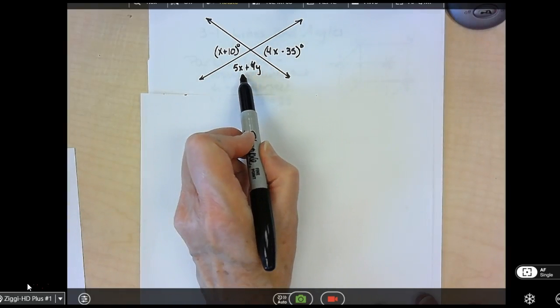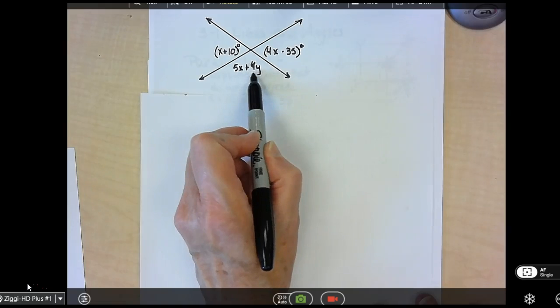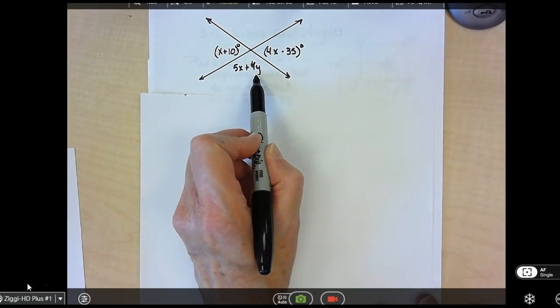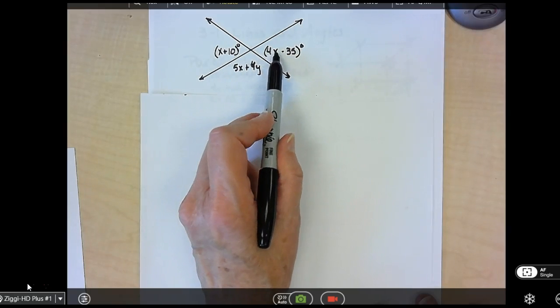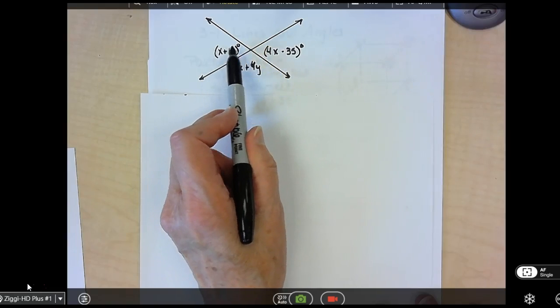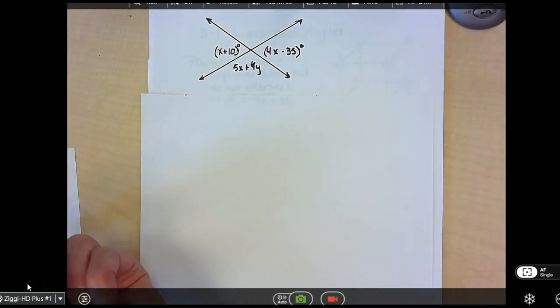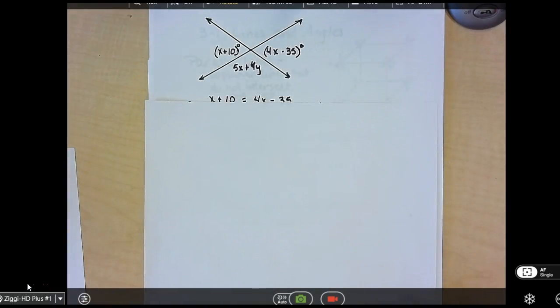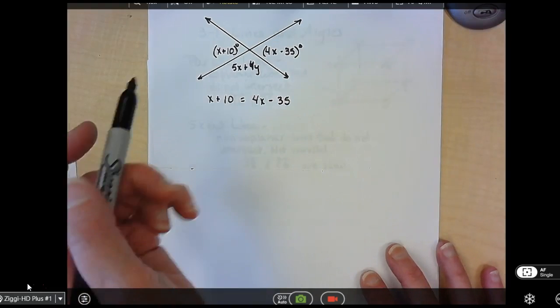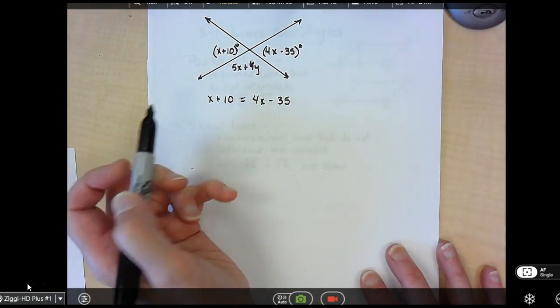Since this one has an x and a y, I can't solve it because I don't know anything about it. But these two angles are just x, and I can look at my drawing and tell that they are vertical angles, and I know vertical angles are congruent. So since I'm talking about measures of angles, I put equal instead of congruent.